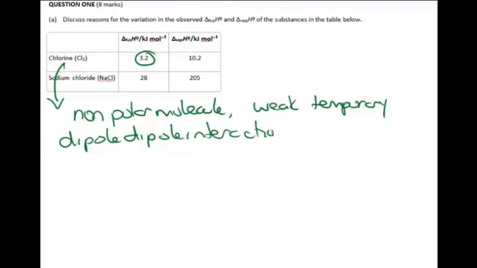These are also sometimes known as dispersion forces or London forces. So you need to talk about that in an answer.